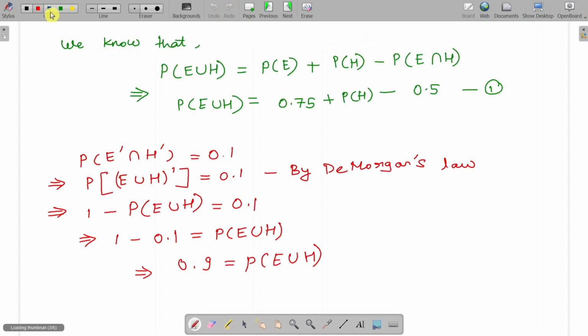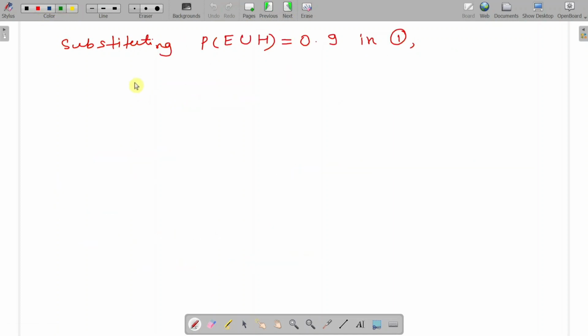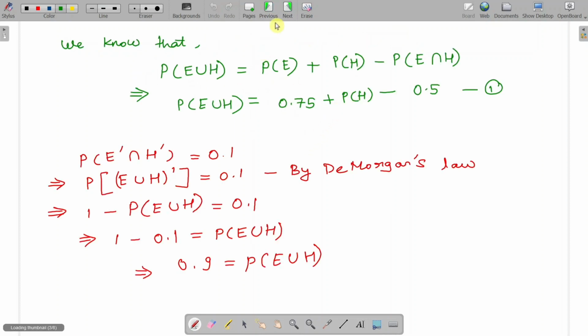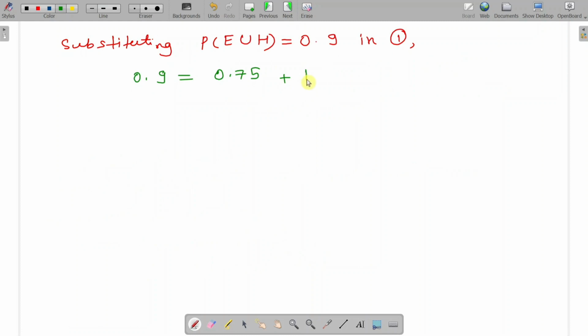what we will get is 0.9 equal to 0.5, then plus P of H minus 0.5.